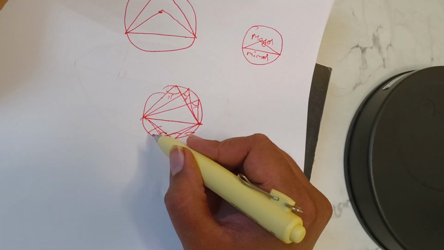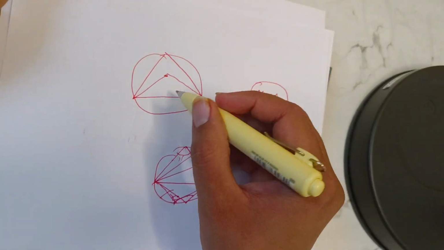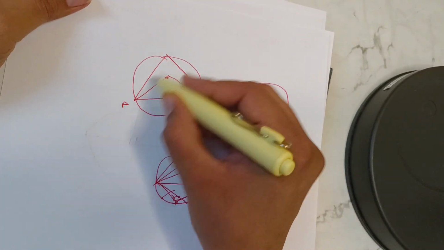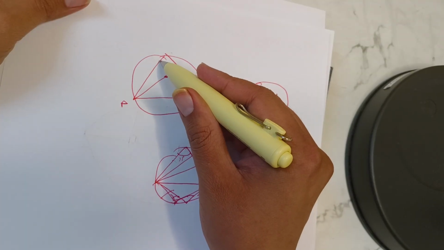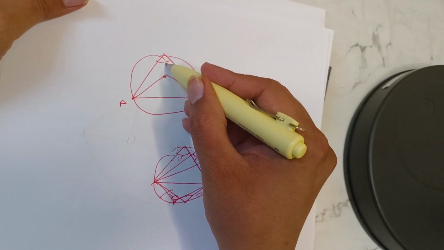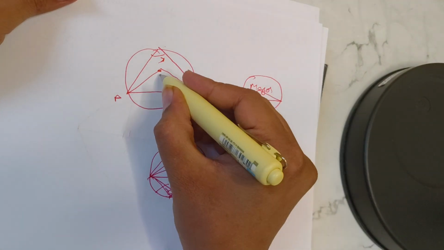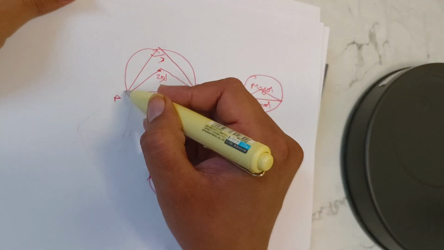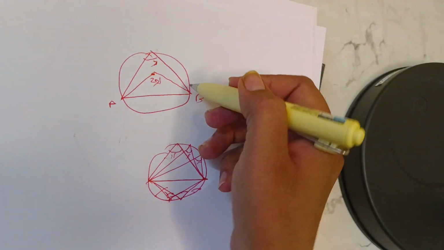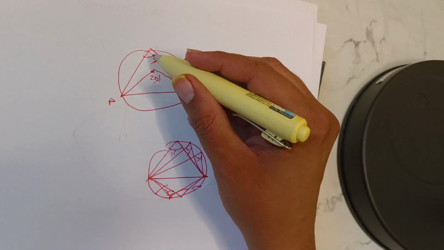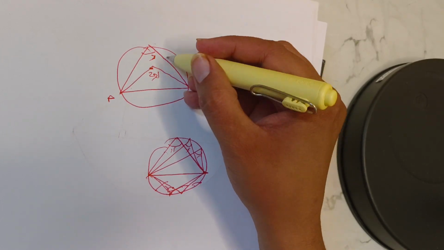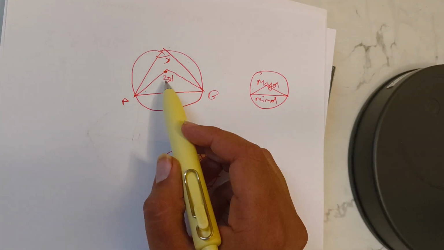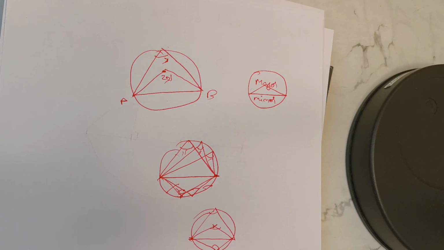So here this is the chord AB and this is the angle formed in the major segment. If this is x, this will be 2x. So the angle formed at the segment is half of the angle formed at the center. So this is 2x and this will be x.